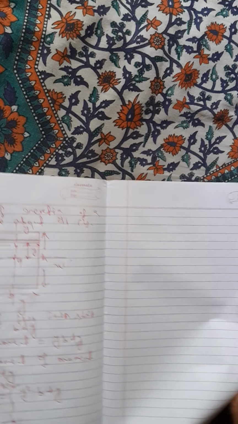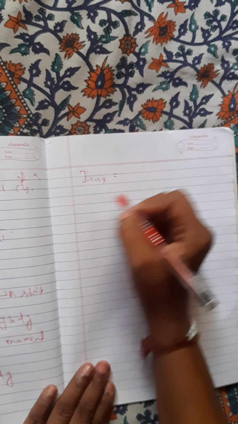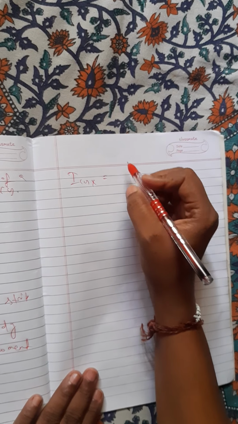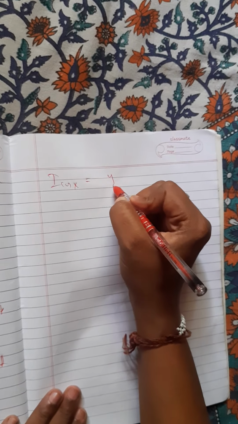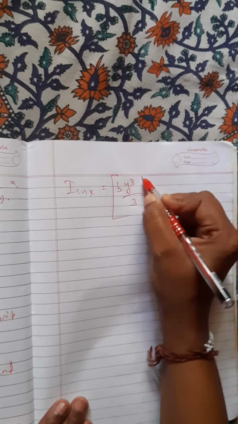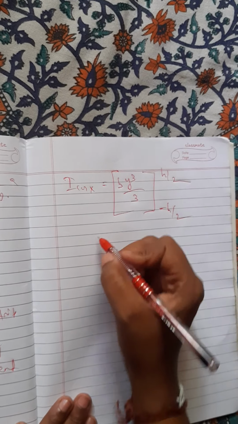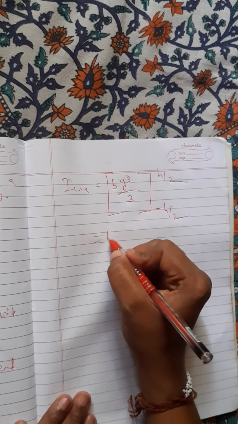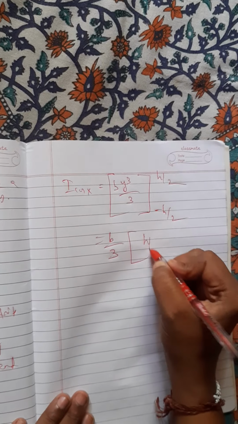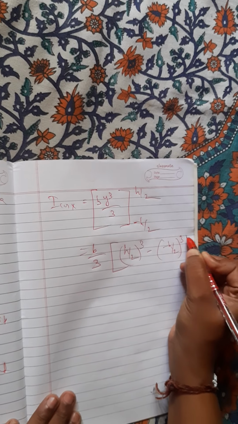So ICGX is equal to the integration of y square, which is y cube by 3, so b into y cube by 3. The limit of this integration is minus h by 2 to plus h by 2. We take b by 3 outside and put in this limit: h by 2 whole cube minus minus h by 2 whole cube.